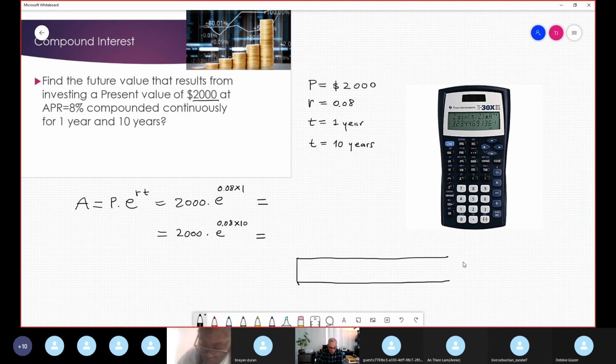So I clear everything. I put in the calculator 2,000 multiplication.